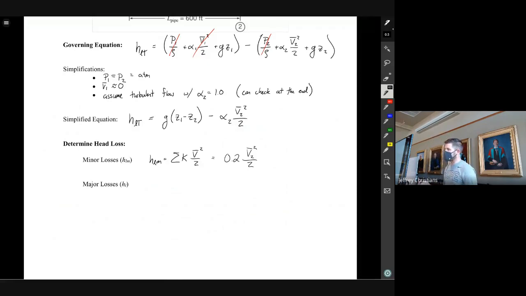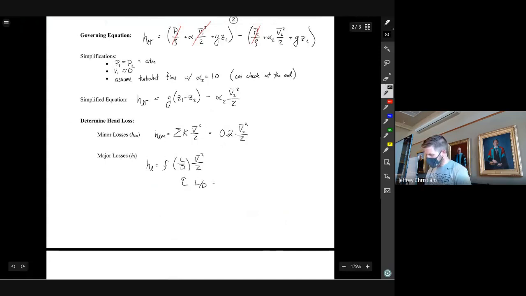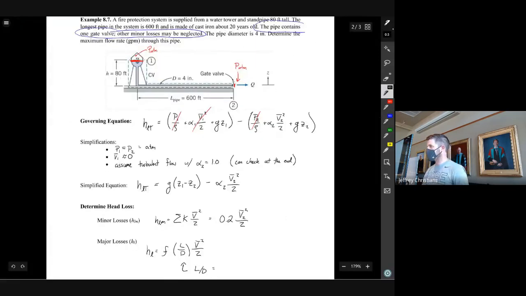Major losses, we assumed turbulent flow. So our major losses are going to be like this. We need to figure out what F is, and L over D, that's the total length of straight pipe in the system.